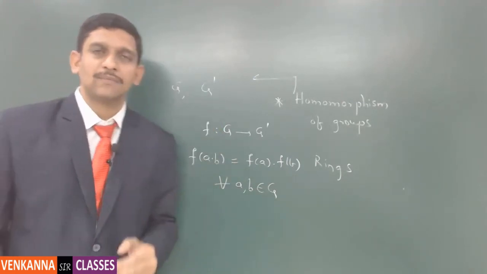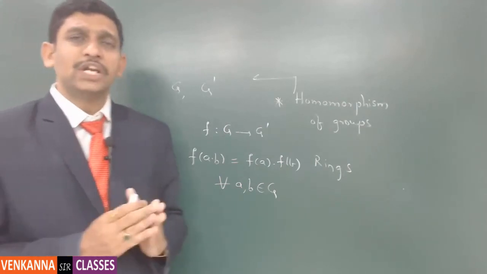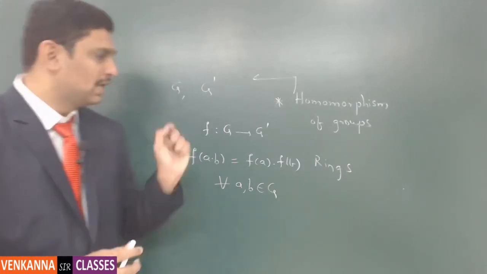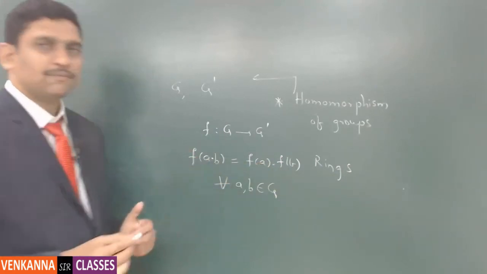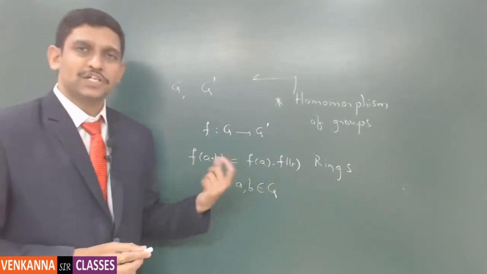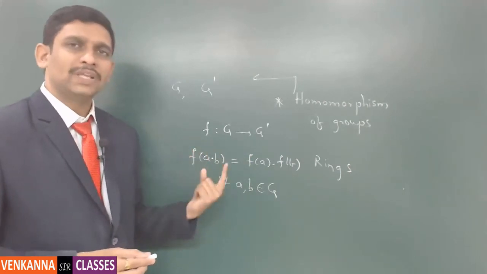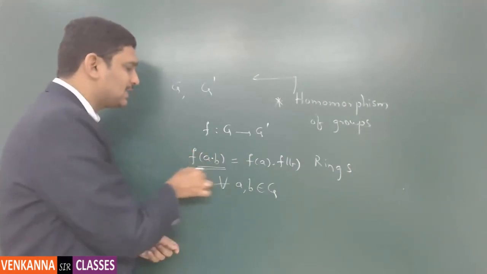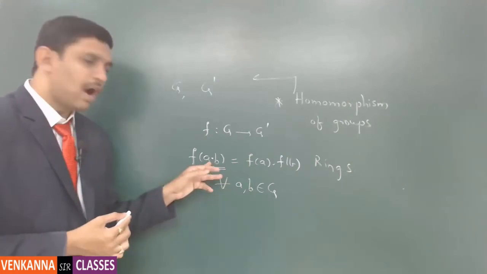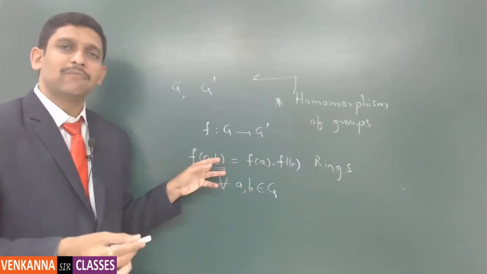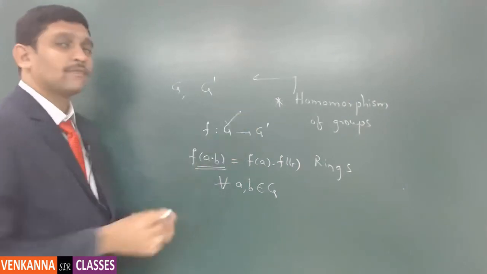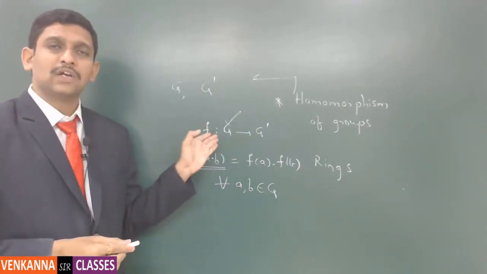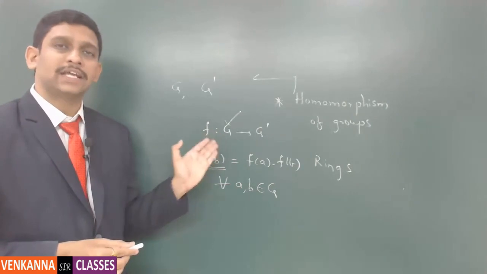to G dash. Here we need to understand that the operation dot mentioned here should be clearly understood. On the LHS, the operation dot is the operation defined on the group G. It may be plus, dot, star, circle, anything.